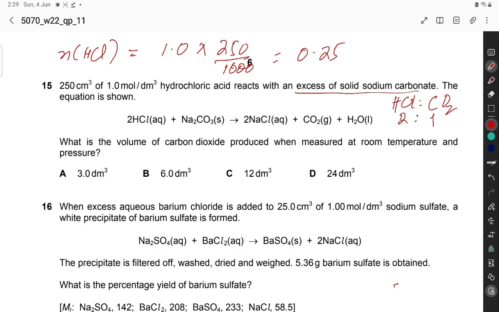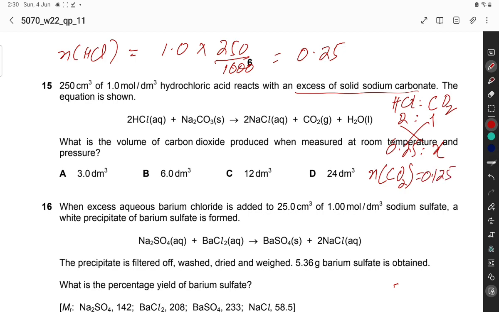Mole of HCl is 0.25 ratio X. Mole of CO2 will be 0.25 divided by 2 is equal to 0.125.